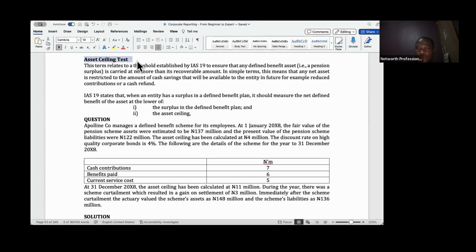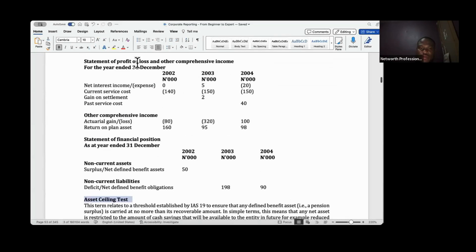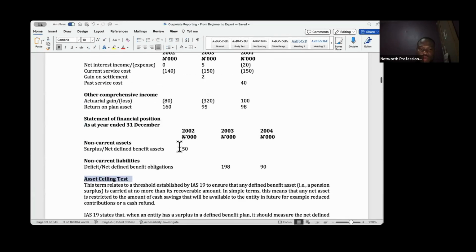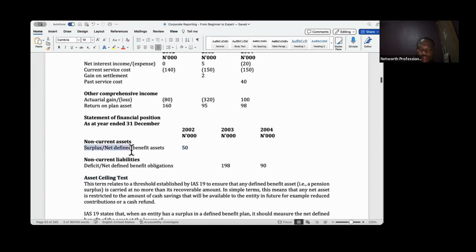Earlier on today, I told you that whenever you have a surplus, like in this case, we had a surplus of 50, we need to subject it to a recoverability test. Can we actually recover it? Because it's an asset, it should give us future economic benefits.